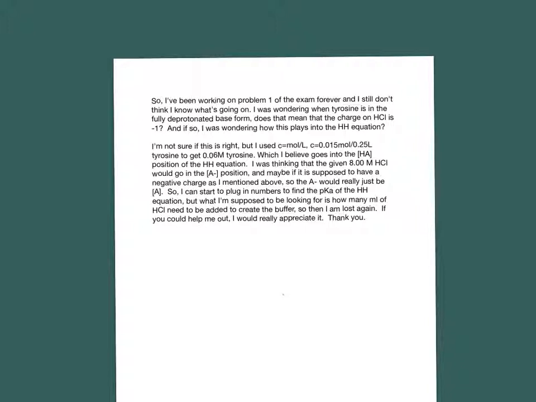So if you have the totally deprotonated base, I'm going to draw down here a titration curve, right? Where over here it's pH. Let's try that again. And this would be the HCl that you add. And as you're doing this, you're starting with the totally deprotonated tyrosine. So think about what that means.